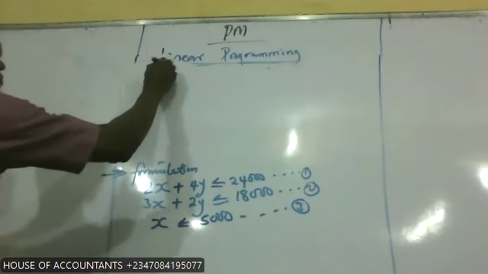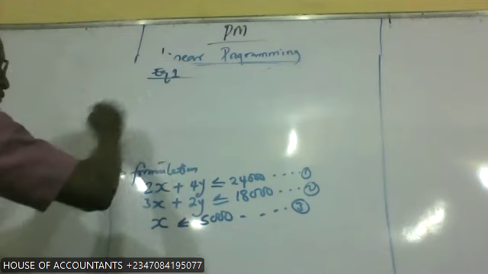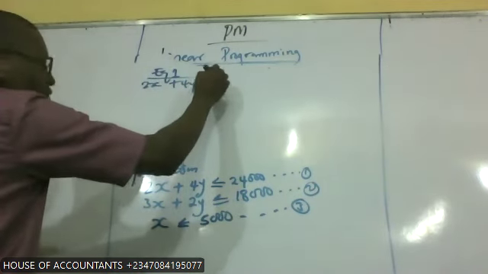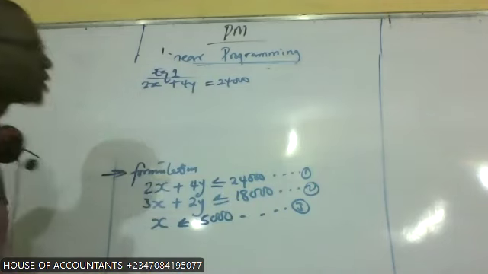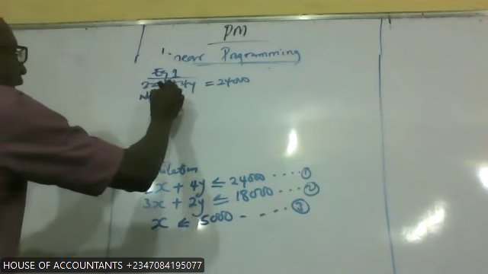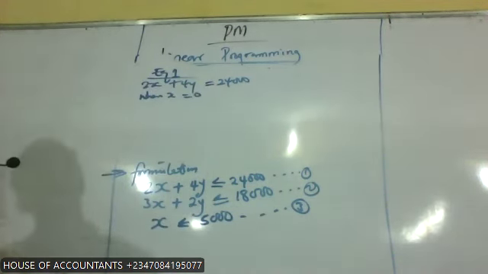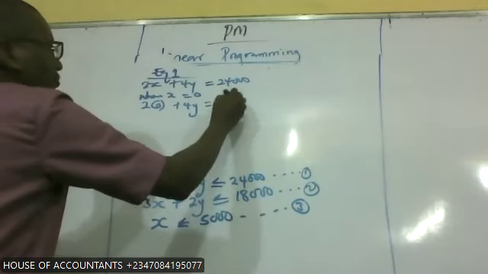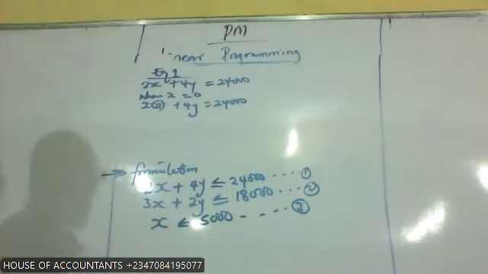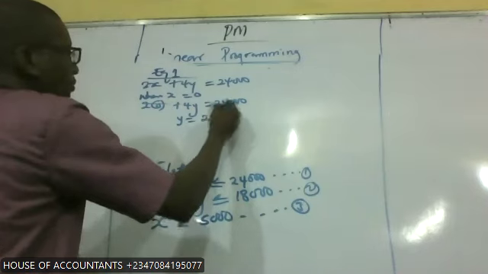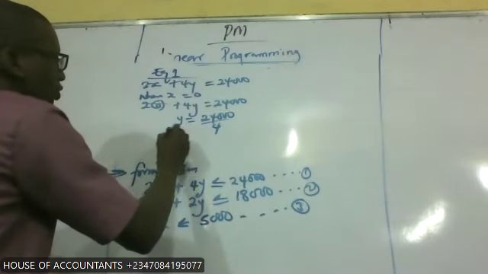Let's pick equation 1 first. 2x plus 4y equals 24,000. So when x equals 0, it will be 4y equals 24,000. So y equals 6,000.